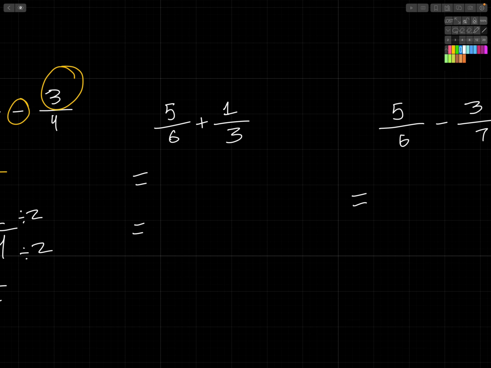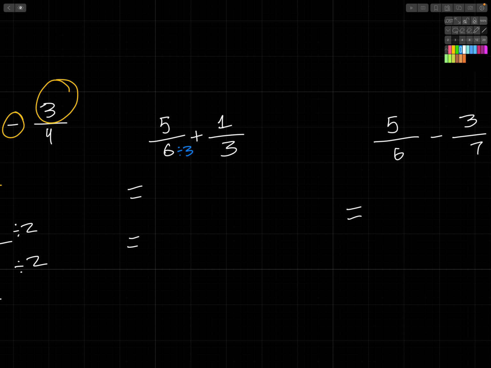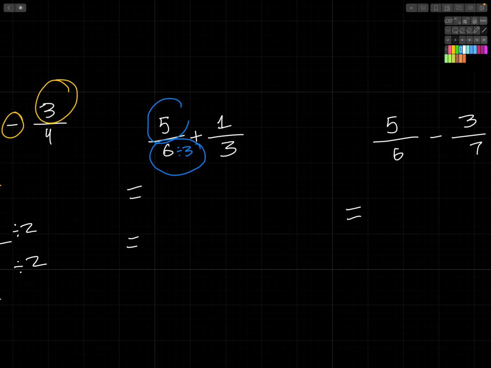Here, with simple fraction addition, all you have to do is find a number that we can multiply by or divide by that will give us the same denominators. So here we can divide 6 by 3. Make sure whatever you do to the bottom, you always do to the top. So if you're dividing the denominator by 3, you also divide the numerator by 3. But you see how 5 divided by 3 gives you a decimal. So no, we can't do that.